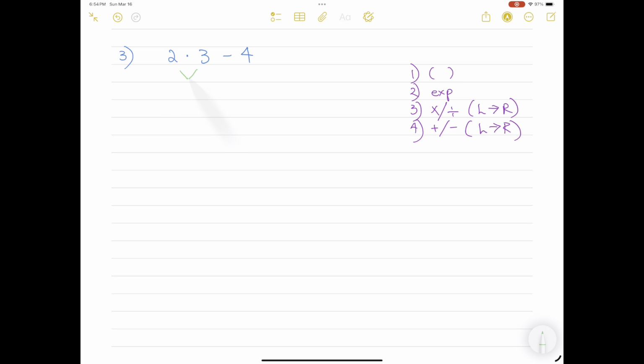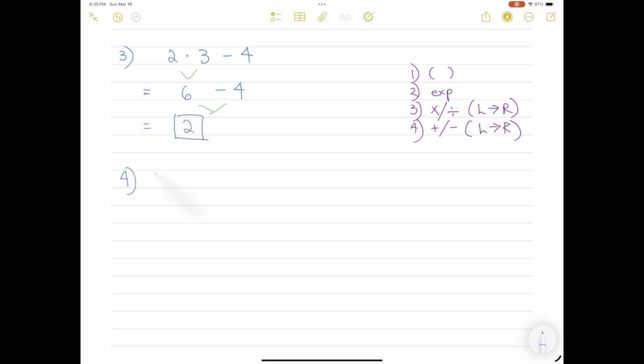In this problem, there are no brackets or exponents, so we start with the multiplication. 2 times 3 equals 6. We write that down on the next line, bringing down the rest of the equation, minus 4. 6 minus 4 equals 2. We write that down on the next line, and we box our answer.